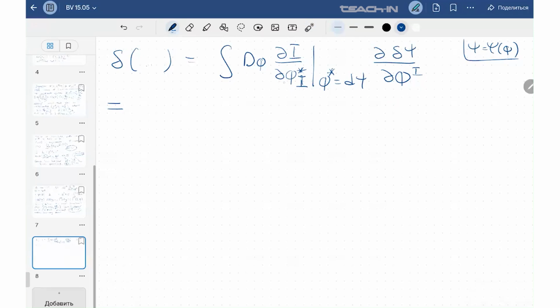But what about the sign factor? Yeah, one has to be careful with the sign.